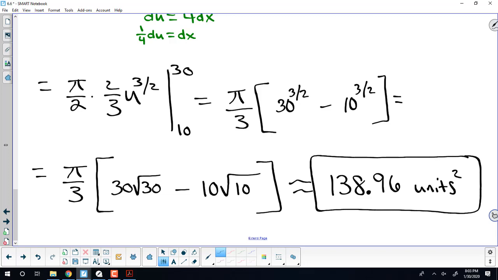So, square units because it's an area. Does anyone have any questions on that?